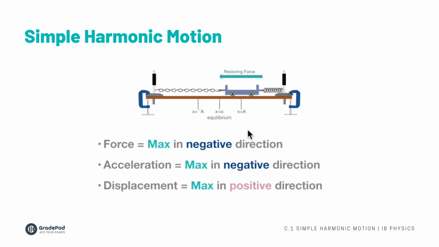If the force is in that direction, then the acceleration of the cart must be in that direction as well. So we have a maximum acceleration towards the equilibrium. By contrast, what we have with displacement is it's a positive displacement and it's still maximum, and that is in the opposite direction to what the acceleration was.